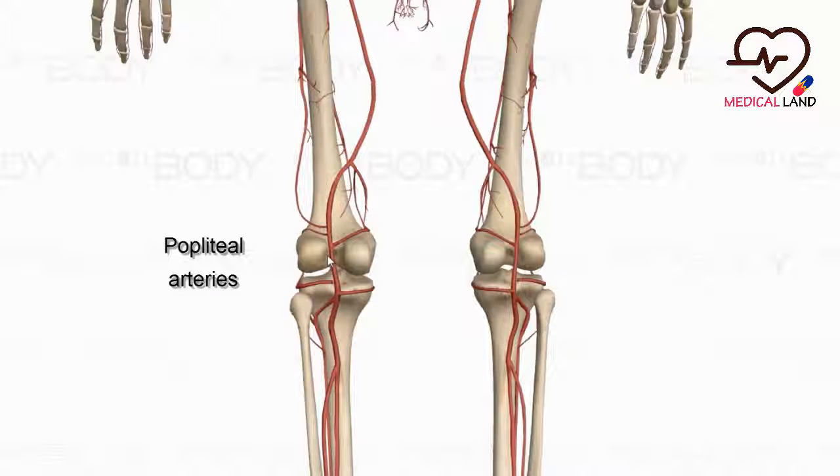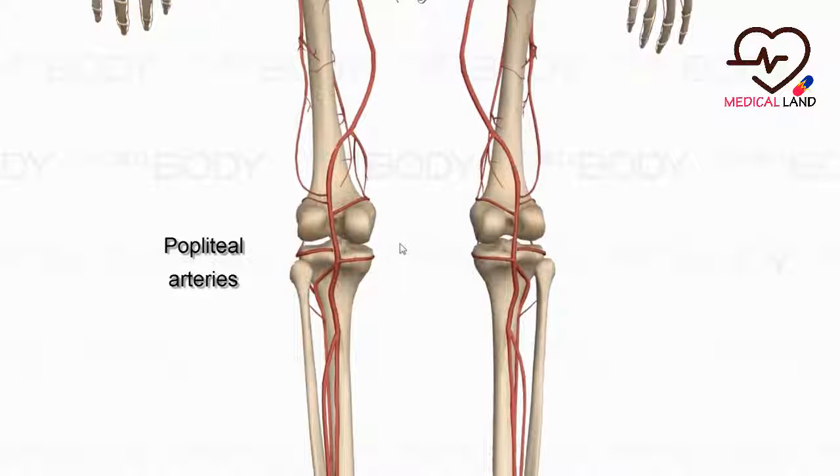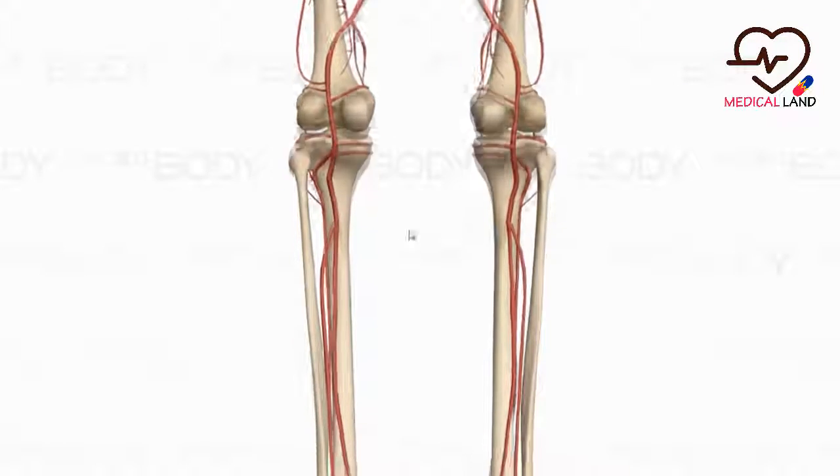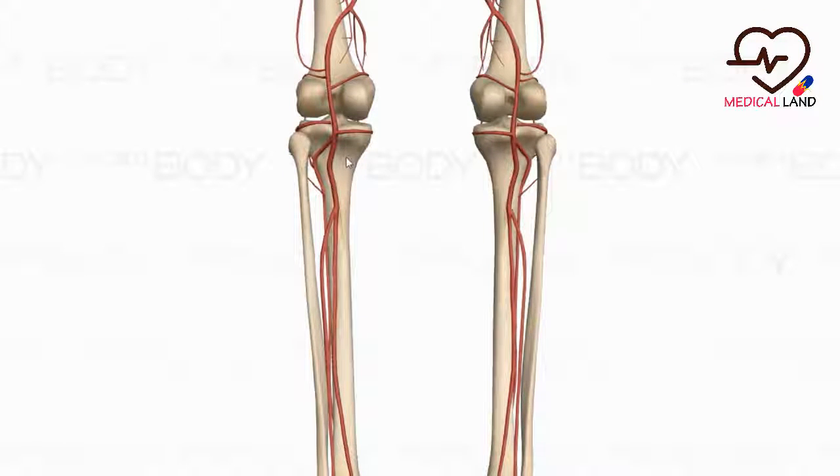And that's going to be found in the popliteal fossa of the knee. Okay, the best way to remember that is, if you bend and your knees pop, that's your popliteal region.